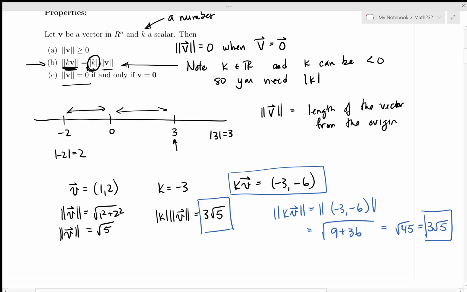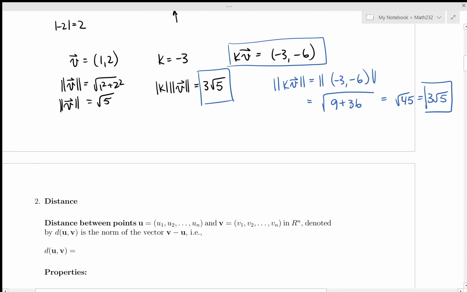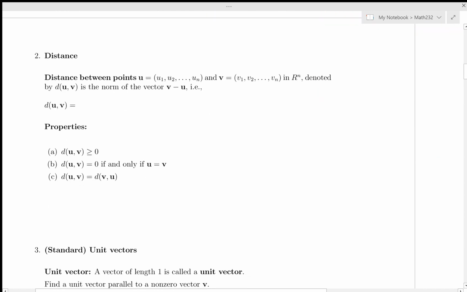Okay, norm. Length, magnitude. Okay, distance: the distance between 2 points. So we've now got two vectors here, u and v, and we're going to talk about what the distance between u and v is, and that is the norm of that vector subtraction. So the distance between u and v is the norm of u minus v.